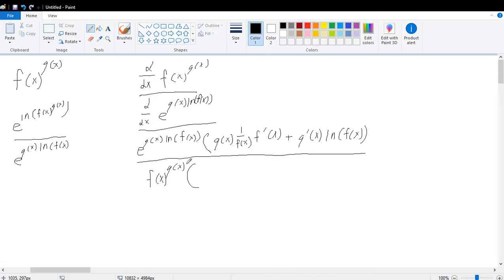Now, all that is being multiplied by the quantity g of x times f prime of x over f of x plus g prime of x times natural log of f of x. So this is the simplest form we have.